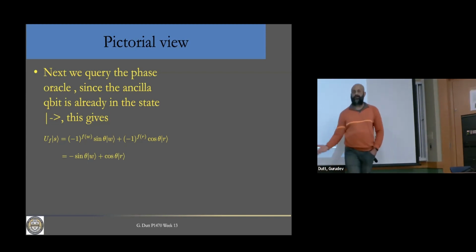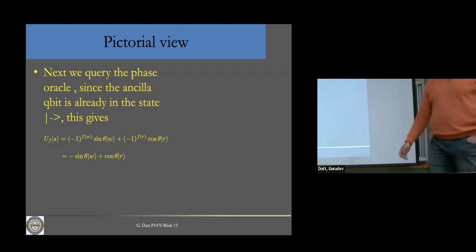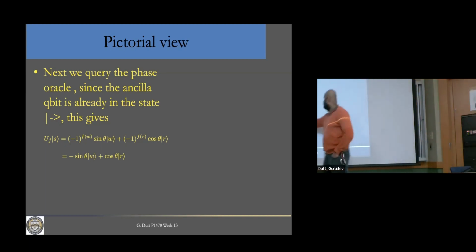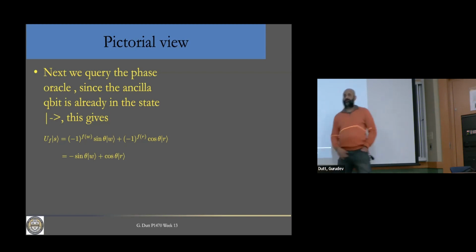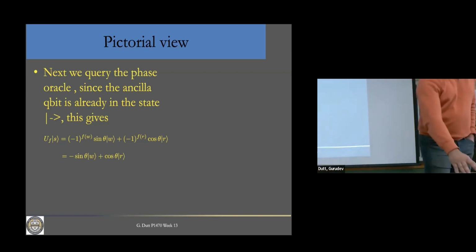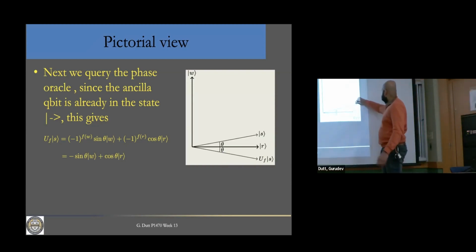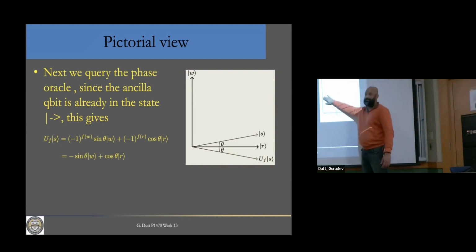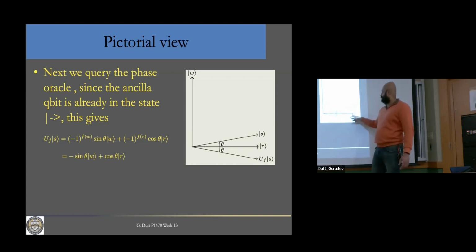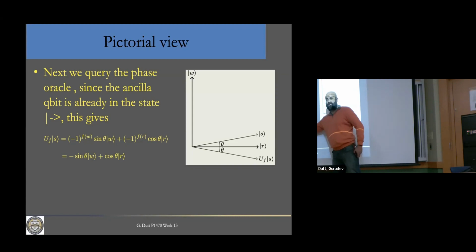That's what is guaranteed by the oracle function. So we now see that the output after we query the oracle is minus sine theta W plus cos theta R, which means we have reflected the state. Remember earlier, the projection of S onto W was sine theta. Now it has become minus sine theta, and it remains the same along R, so along R it is still cos theta.